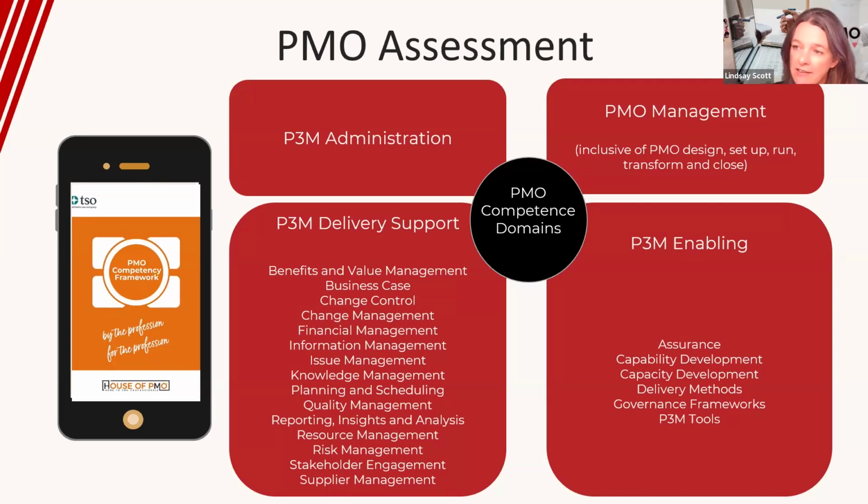One of its core texts is the PMO competency framework. Just a quick side note, some of the training courses that we do, the PMO essentials, and the essentials for PMO administrators, analysts, managers, and directors, use this book as one of the core texts.